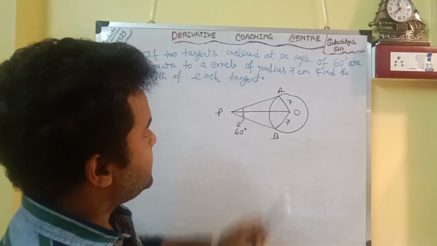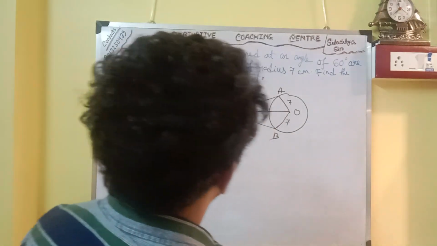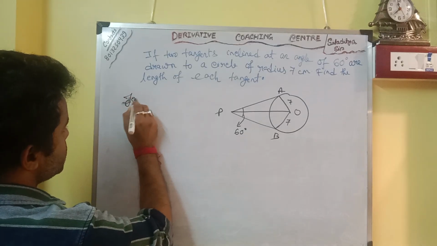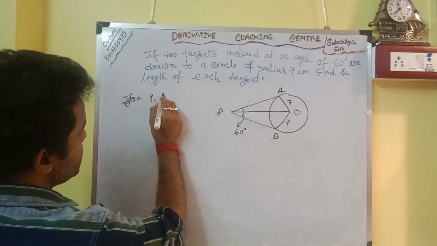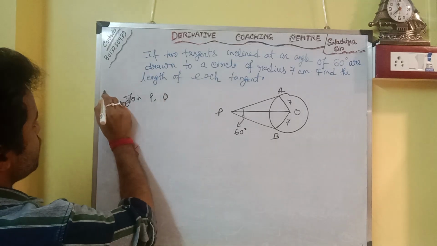These two triangles are congruent to each other. How? Look, join PO. That is construction.